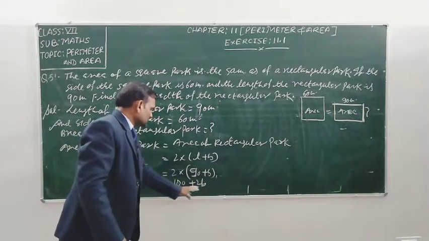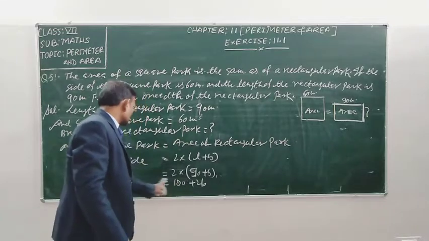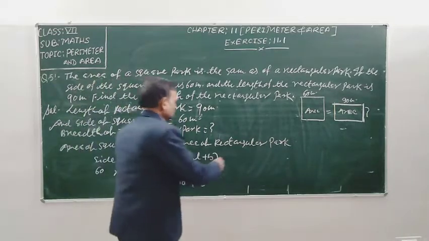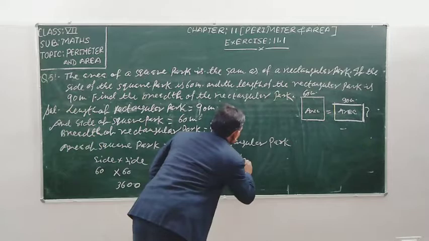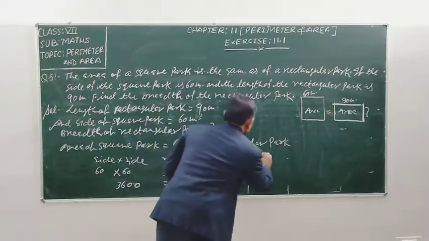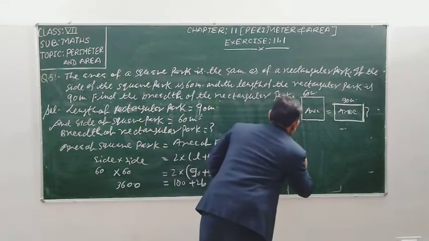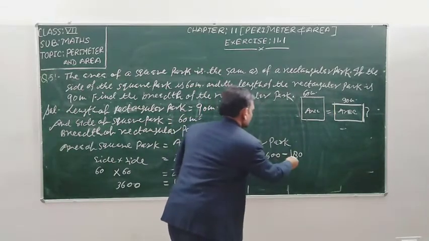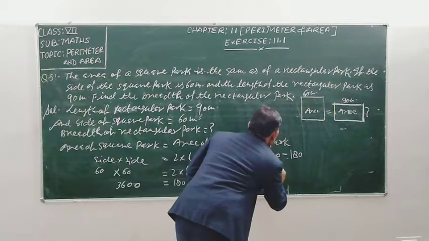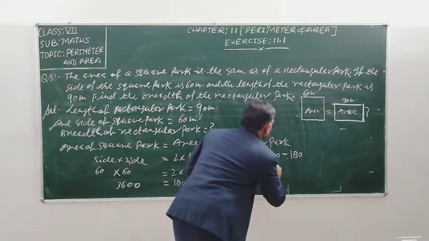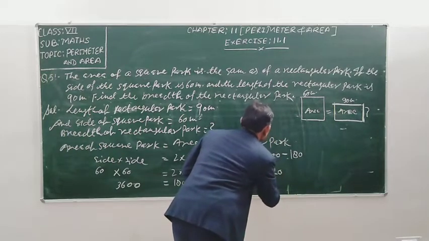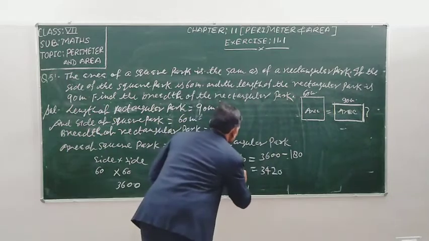From here you can find out the breadth. For finding the breadth, firstly we have to transpose 180 to the left side. So 2b is equal to 3600 minus 180, that is 3420, 2b.